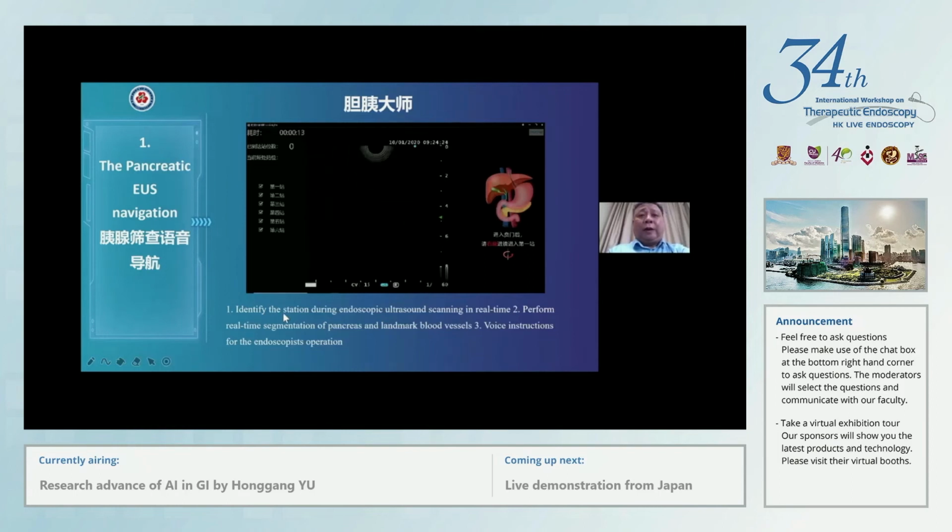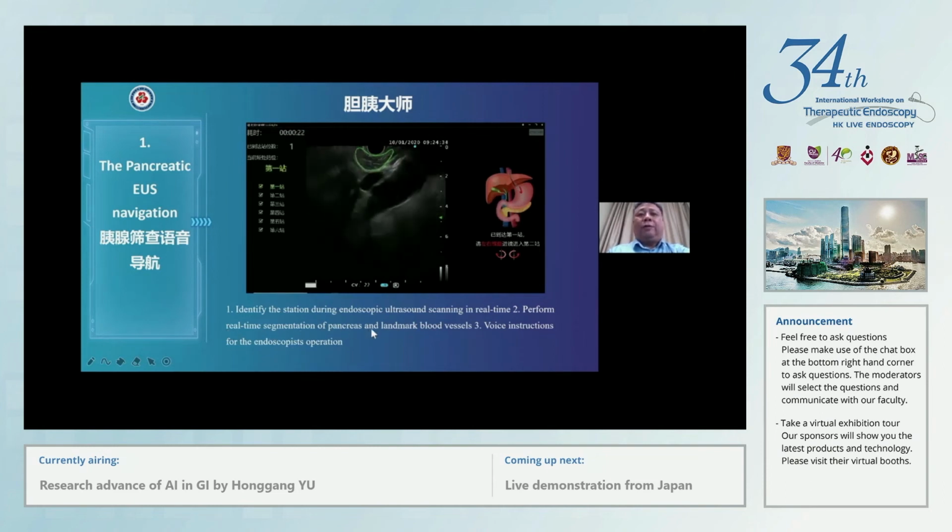The first is to identify the station during endoscopic ultrasound scanning in real time. The second is to perform real-time segmentation of the pancreas and the landmark blood vessels. And we also have voice instruction for the endoscopic operation, which is really very like GPS navigation.